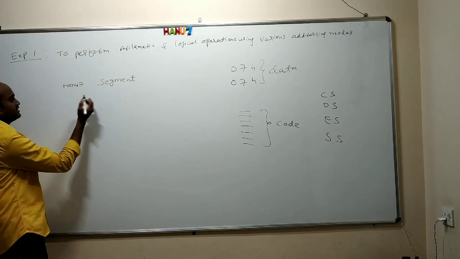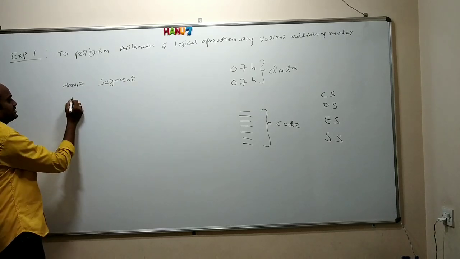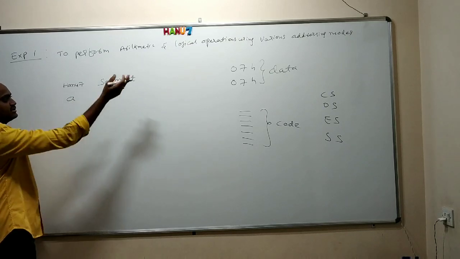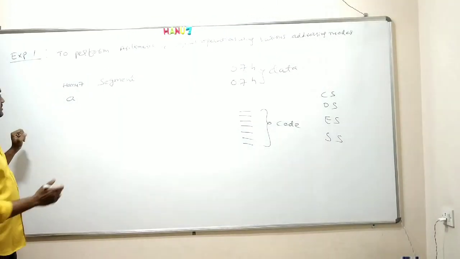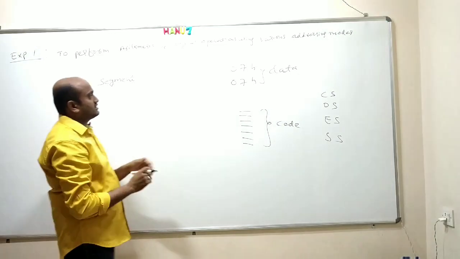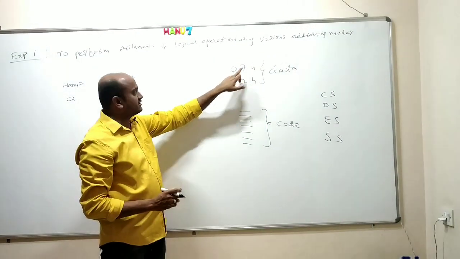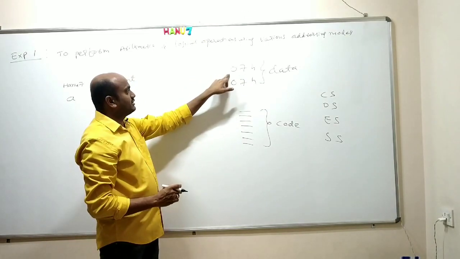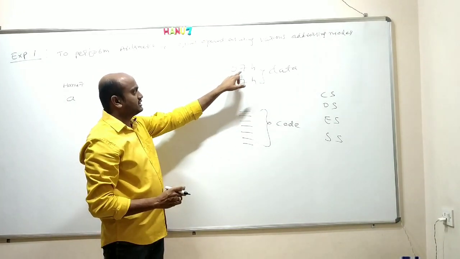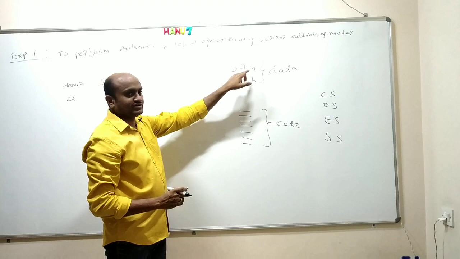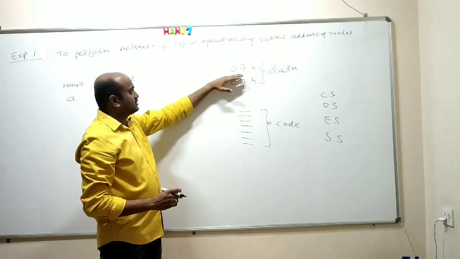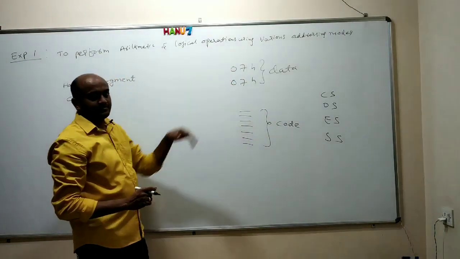Inside the segment I want to define my data. I want to write A, giving a name to the first number. This number is an 8-bit number. If you convert this to binary, you can see there will be zeros and 0111, as I showed you just now. So it is an 8-bit number.